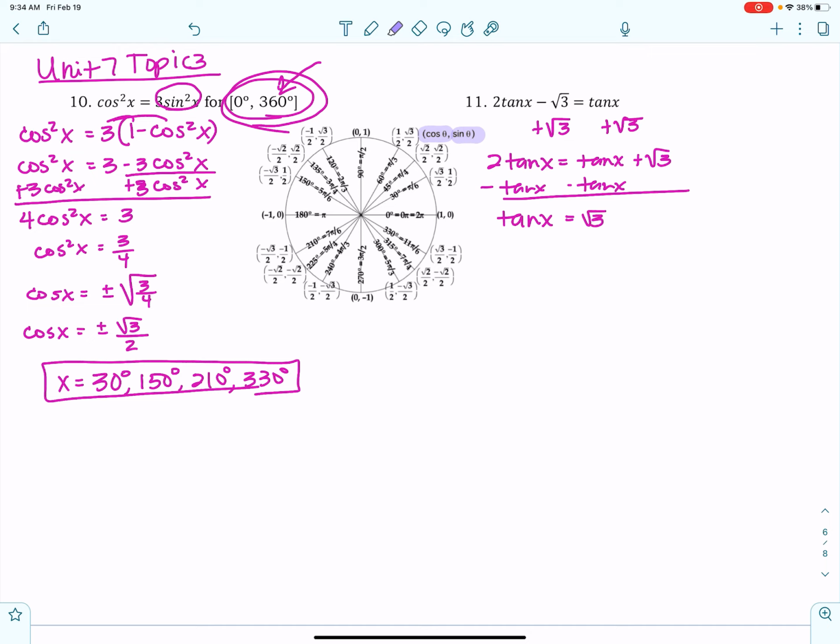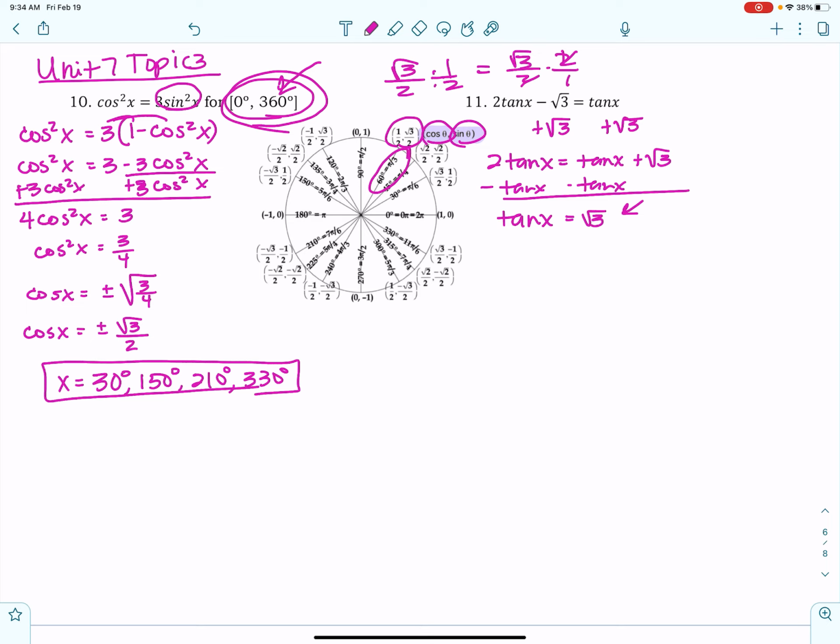Let me think about this. So tangent x is your sine over your cosine. Radical 3 over 2 divided by 1/2. Remember, radical 3 over 2 times 2 over 1. Okay, so that is going to occur right here.